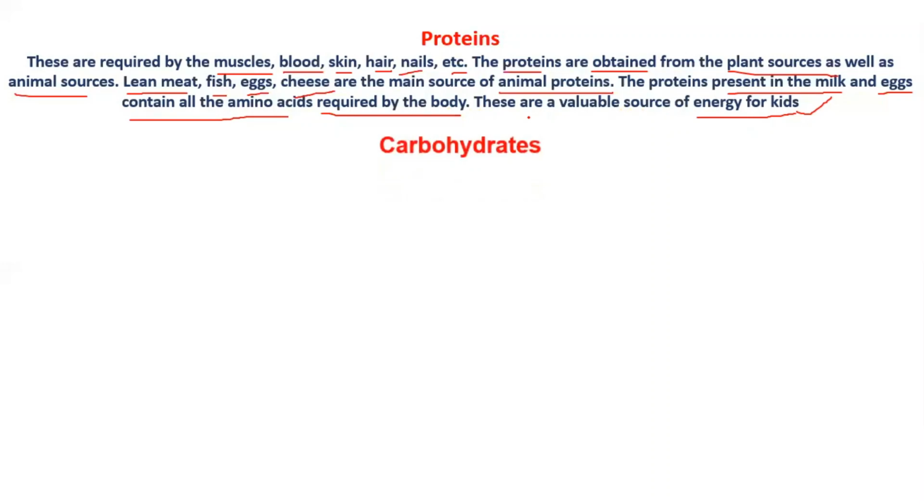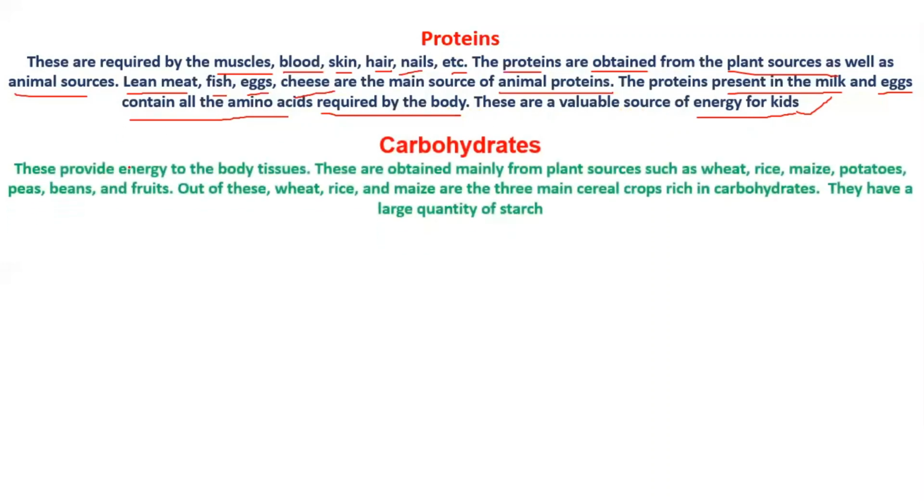Next, carbohydrates. These provide energy to the body tissues. They are obtained mainly from plant sources such as wheat, rice, maize, potato, peas, beans and fruits.